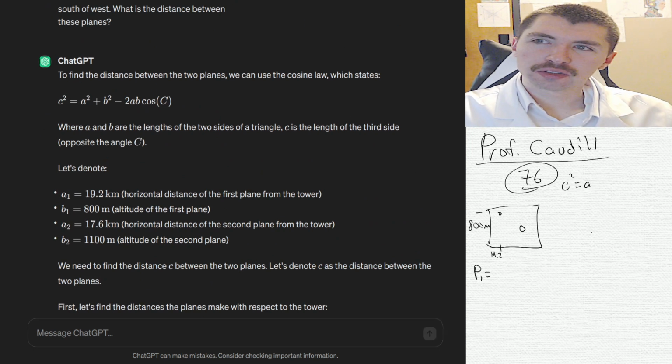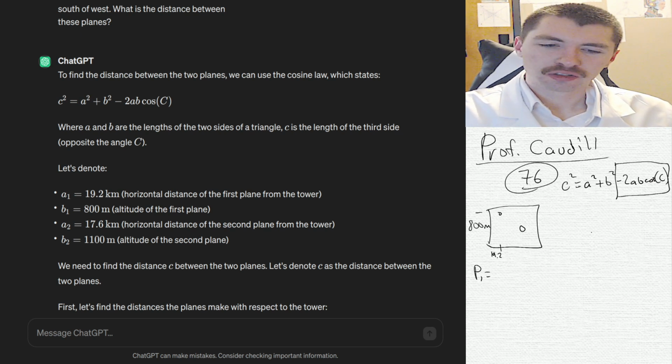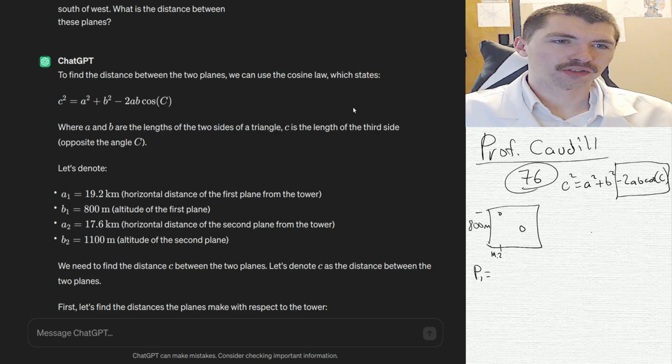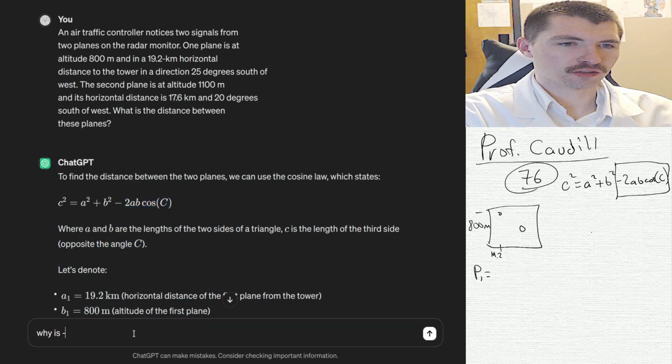C squared equals A squared plus B squared minus 2AB cosine C. So where does this come from? Why do we add this? Why is it negative 2AB cosine?